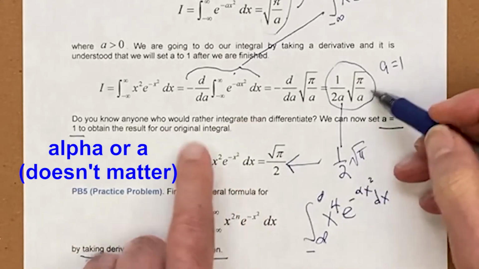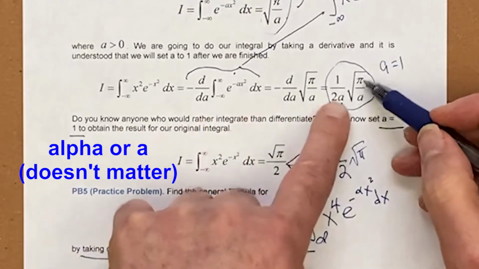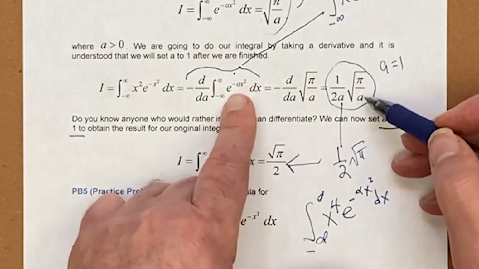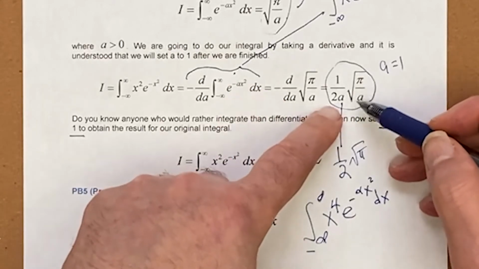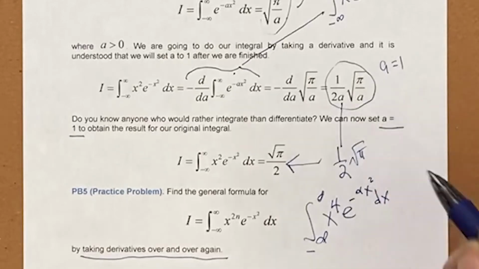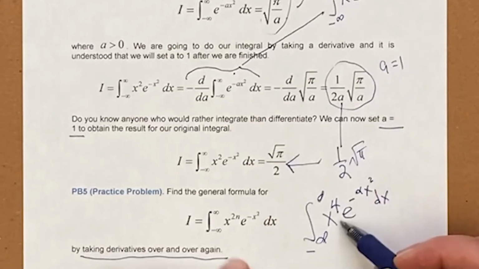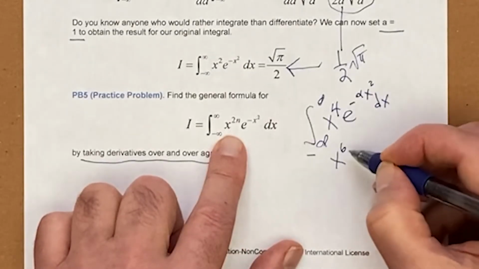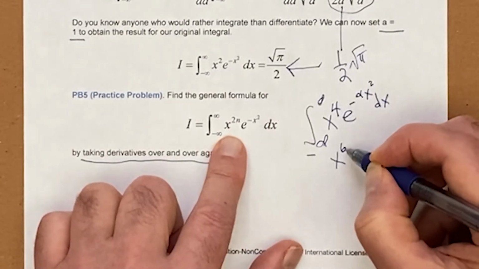You have to have it in terms of alpha so that you can take the derivative of the answer in terms of alpha and get the next case. And then at the very end, you're going to let a equal to 1. And if you take the third derivative, you would have an x to the 6th power.